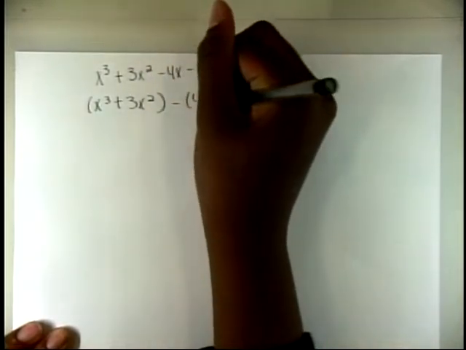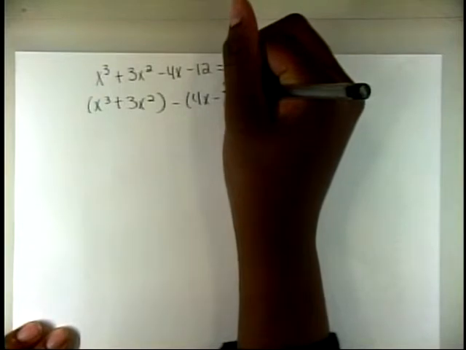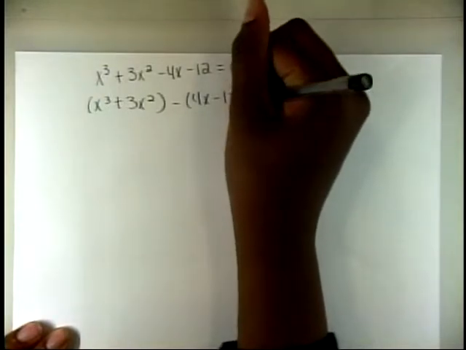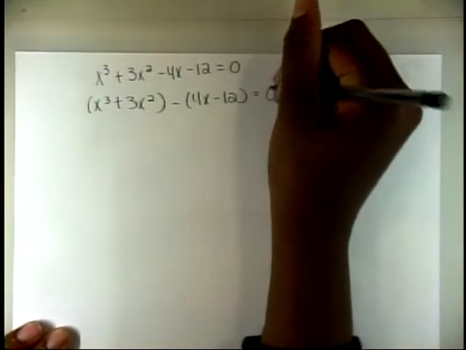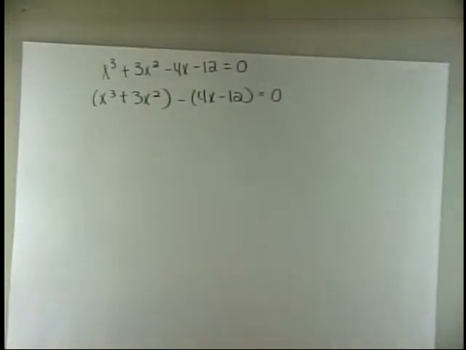minus 4x minus 12 equals 0. First, we will have to pull out the greatest common factor between these two equations. First, we're going to pull out x squared.